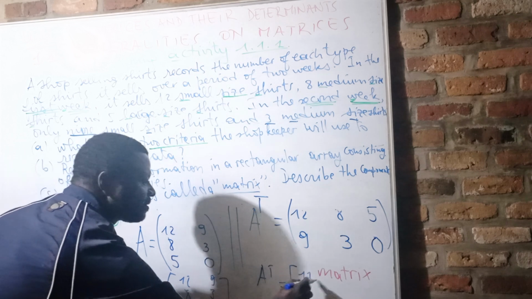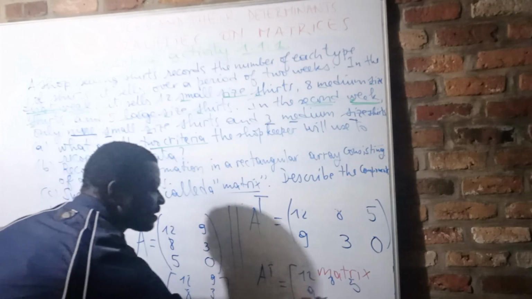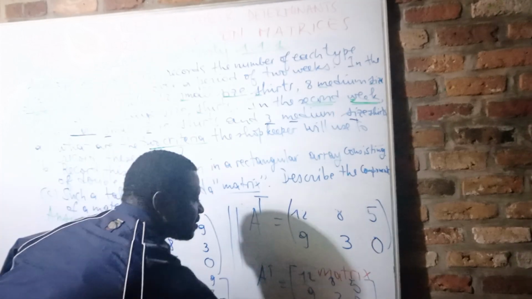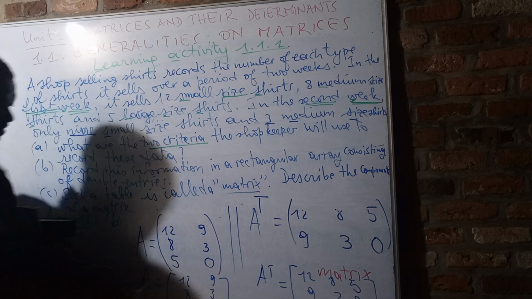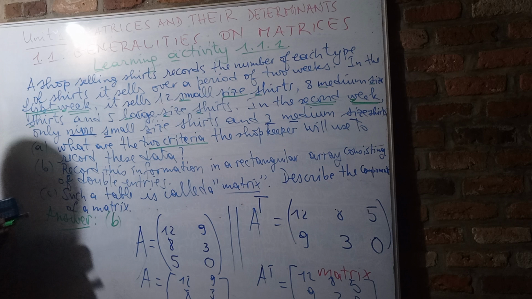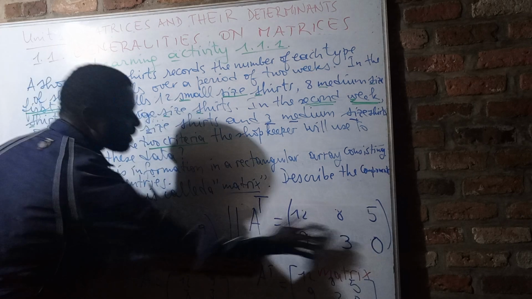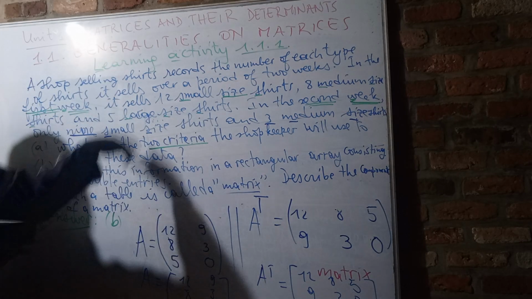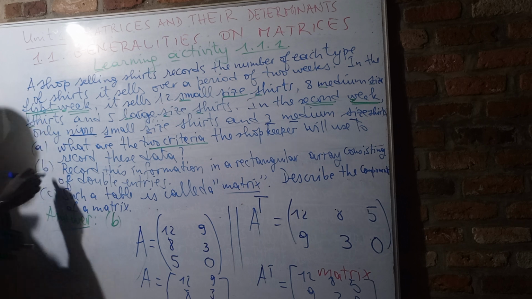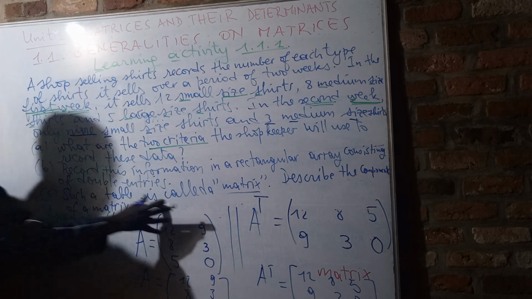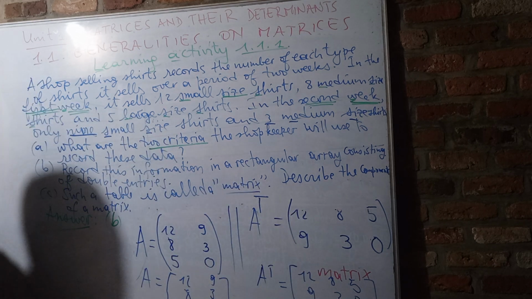So we have 12, 8 and 5, first array, second array 9, 3, and 0. So this matrix A transpose is the transpose of this matrix, and these two matrices are representing this situation. We can record this information in terms of one of these two matrices.